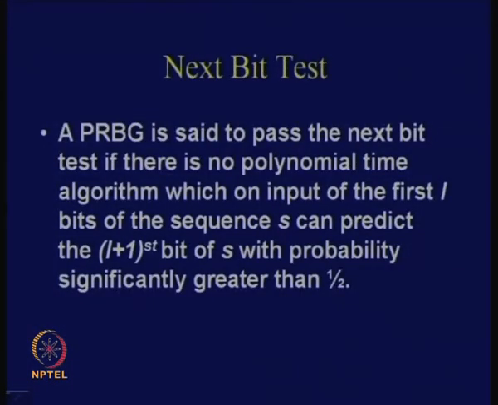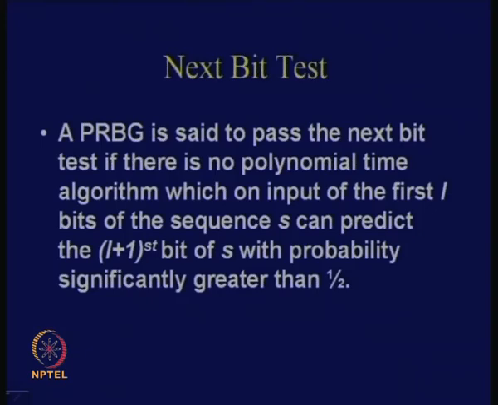Why we talk about the next bit test in particular is because it's a universal test. You can actually prove that it is a universal test, but we will not prove that in this class. We have another semester course for this, where we discuss proofs of this type, but in this class we will assume this fact.